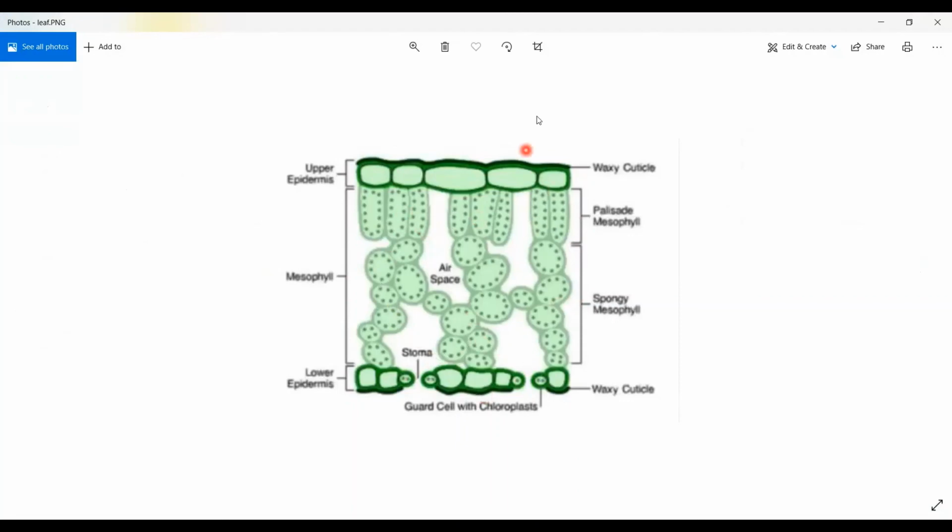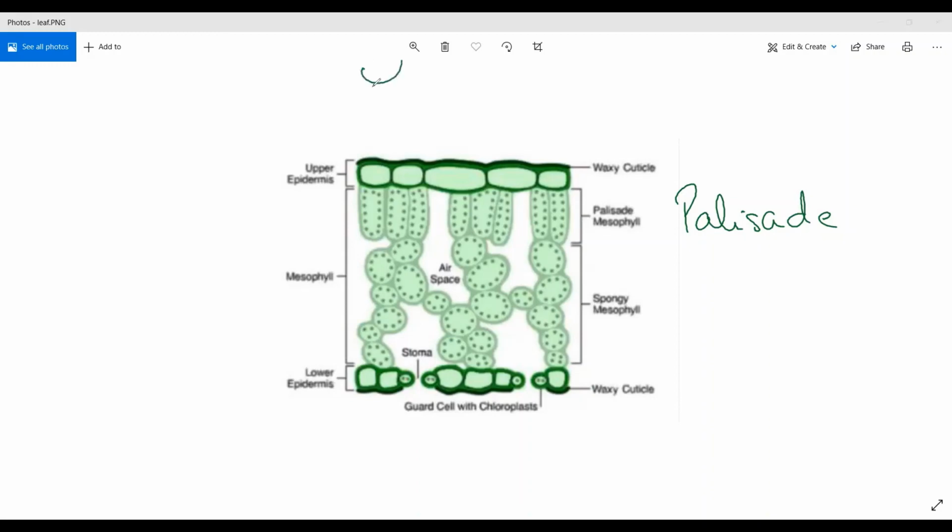These cells are called the mesophyll cells. And these cells differ from the ones below. These ones are called the palisade mesophyll.